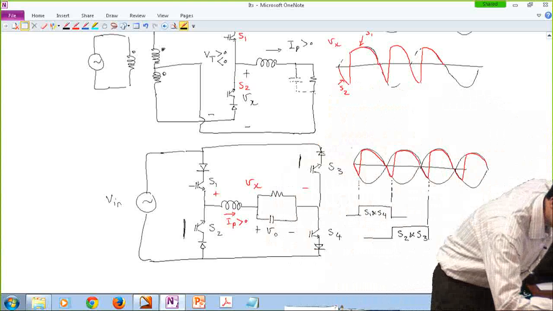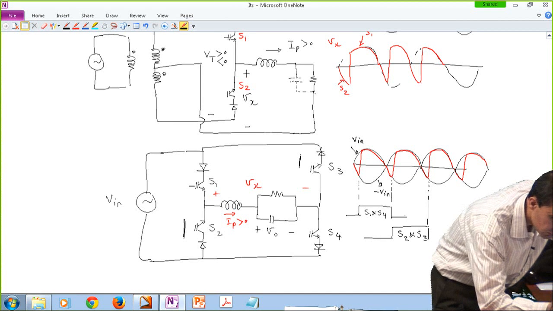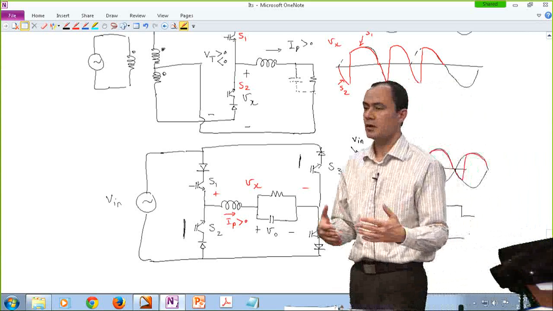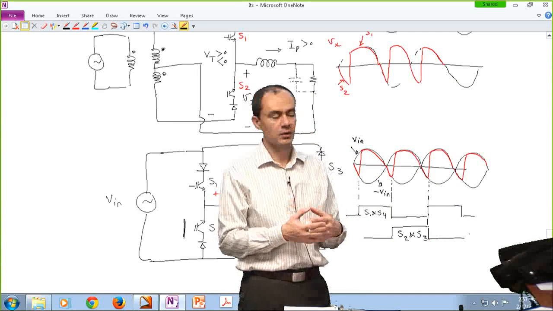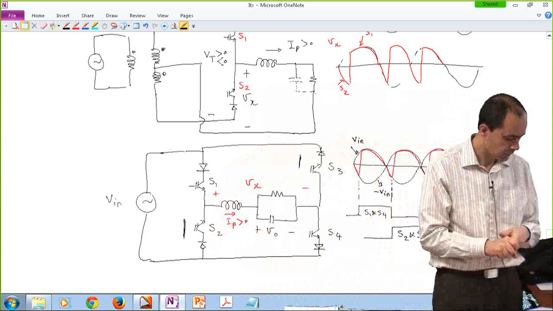So this is Vn, and this is negative Vn. By this manipulation, you can always cut out part of the voltage from the input, the positive value of the input and the negative value of the input. Actually, on average, you can apply a positive voltage to your load.